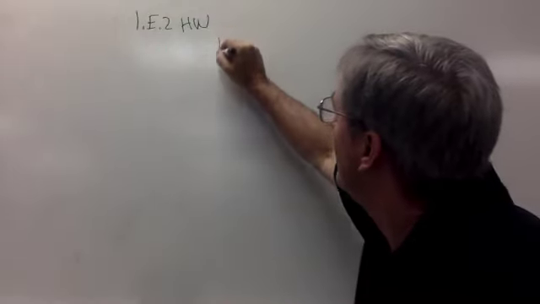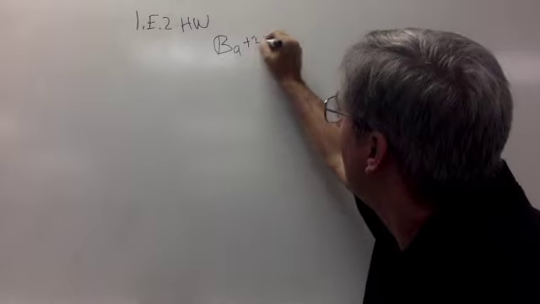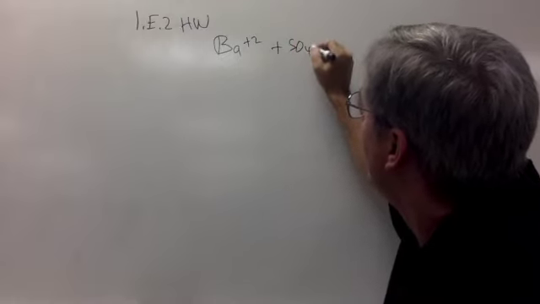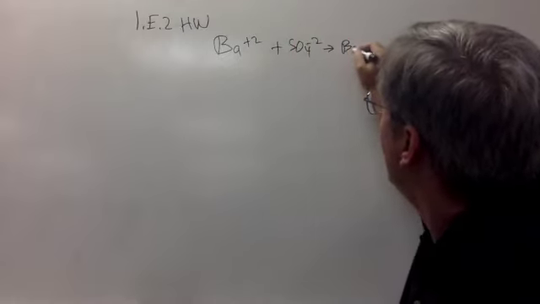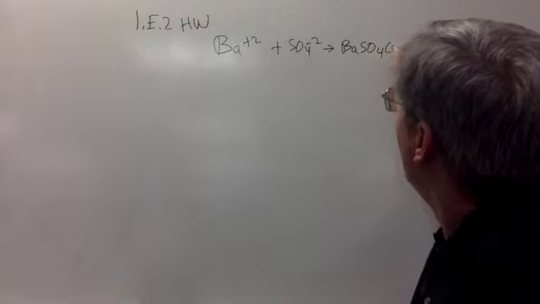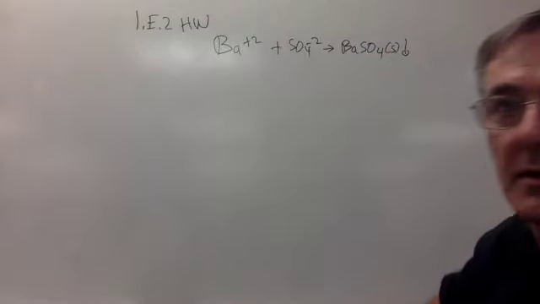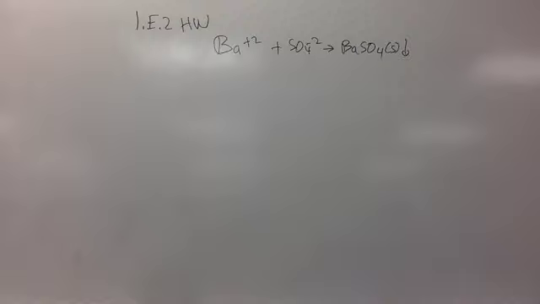So this is a classic gravimetric analysis question. We need a net ionic equation. Barium plus 2 plus SO4 minus 2 makes barium sulfate, which precipitates.